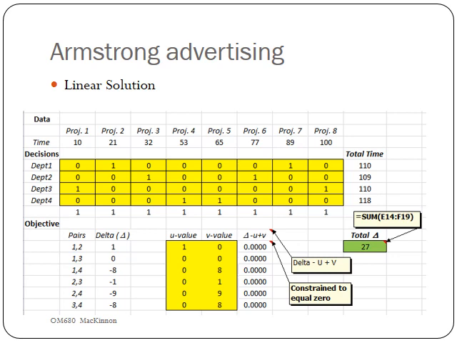And so we have our pairs, and we have our delta between the pairs, okay? And then we take the U value and the V value, and the delta is minus U plus V, okay? And what we have done is we've constrained the delta between U and V to be equal to 0.